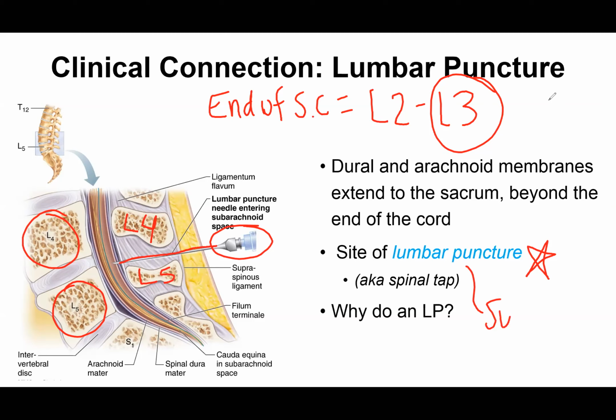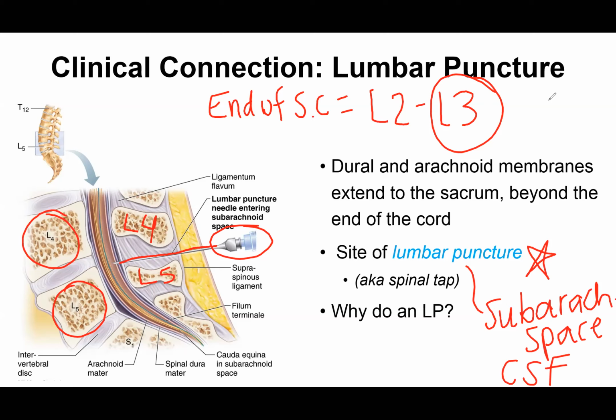We want it to reach that space because the subarachnoid space is where we find cerebrospinal fluid. So my question to you is, why would we do a lumbar puncture?